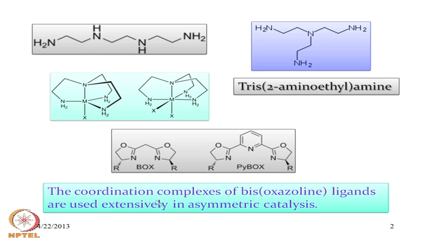So, several coordination complexes can be made with this particular type of ligand for seeing whether they are catalytically active or not. Some useful compounds on manganese or on copper of bis-oxazoline ligands are extremely useful in the different types of asymmetric synthesis.